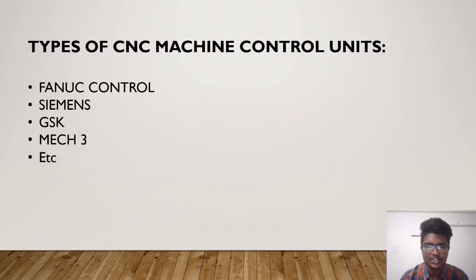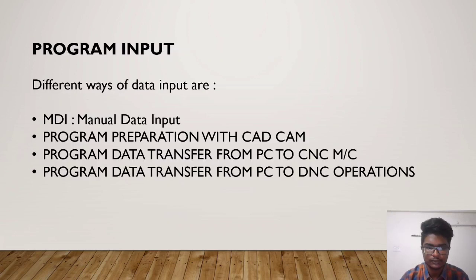Types of CNC machine control units: the machine control unit gives the signal output to the machine based on the input we give. There are different types of CNC machine control units, such as Fanuc, Siemens, GSK, Mach3, etc. Program input is the input we give to the machine control unit.